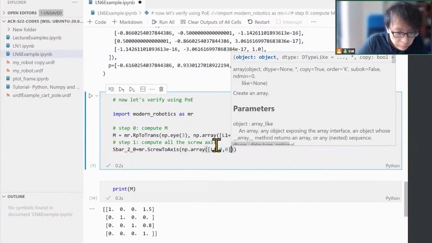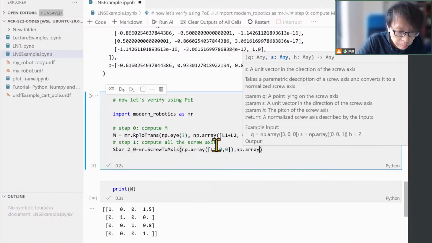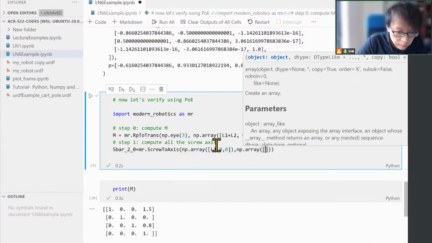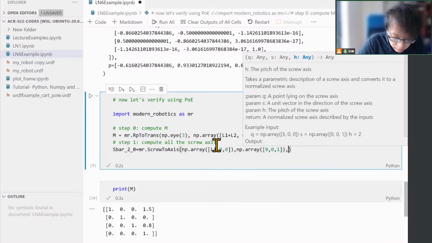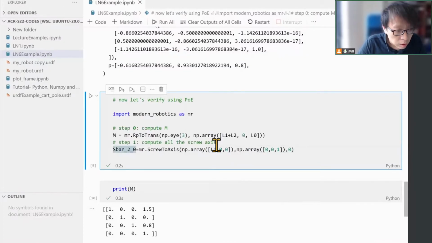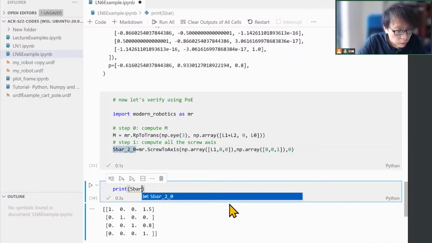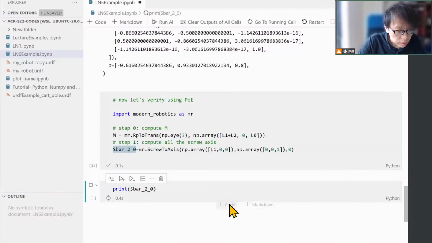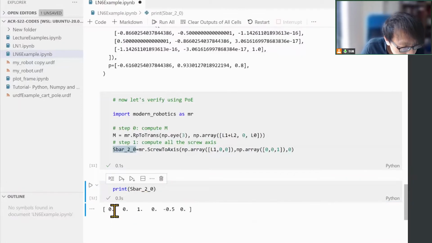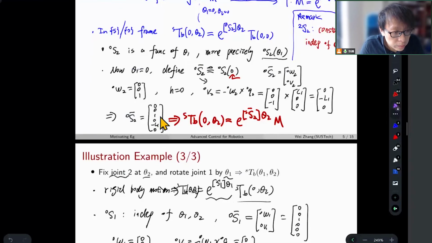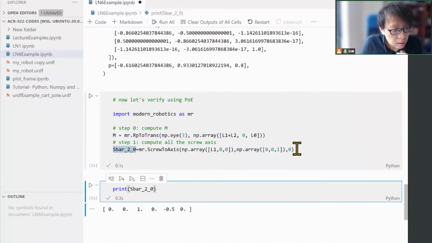Second, numpy dot array for the direction, which is 001. That's omega, and the pitch is 0. So overall, S bar 20 is a 6-dimensional vector, 001 negative half, which is this one. That's what we computed, and it's the same as the package returned.